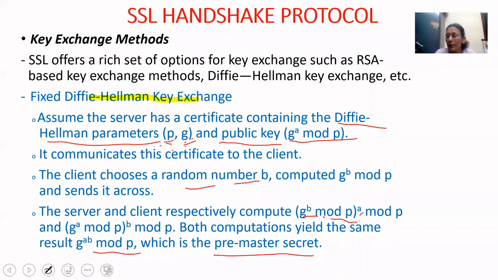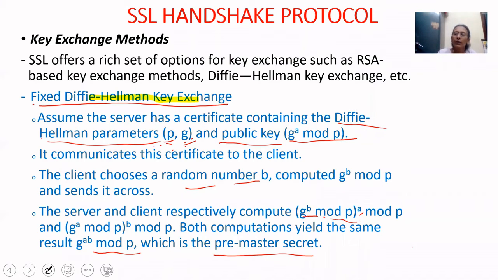From this, they go on to calculate the master secret and the derived keys. So this is fixed Diffie-Hellman key exchange. The values for P, G, and A are fixed.